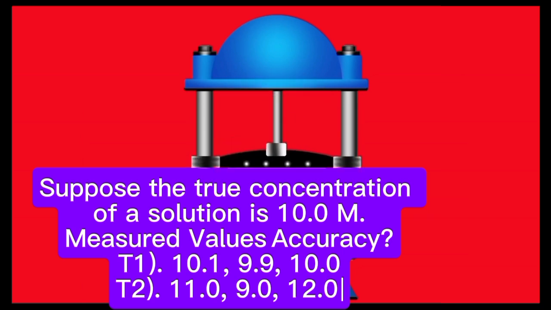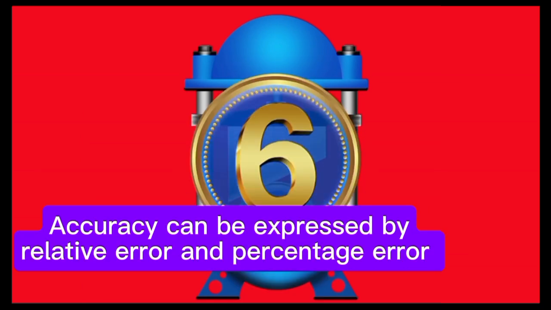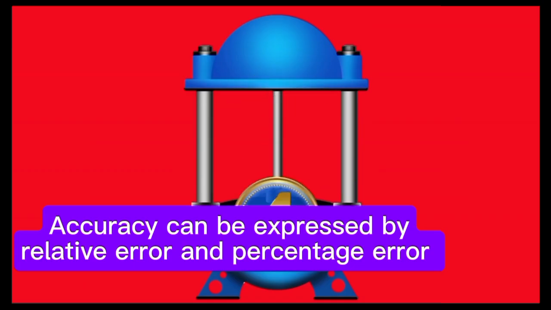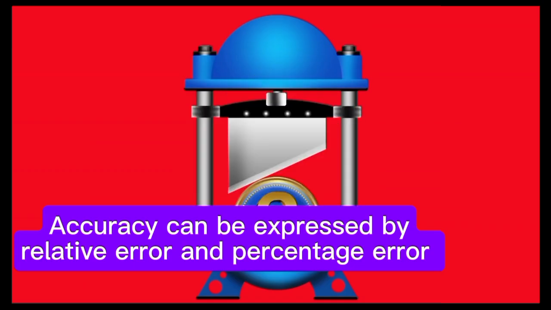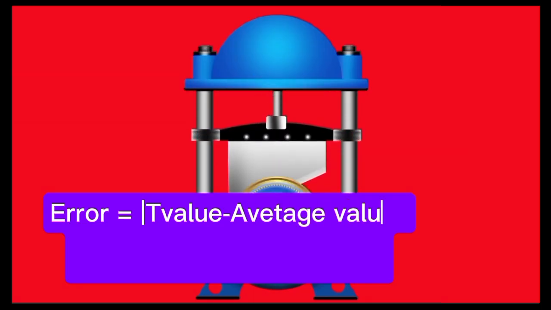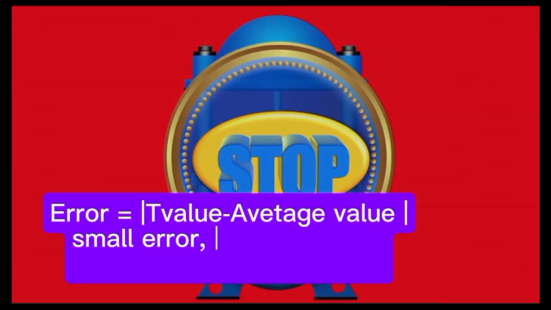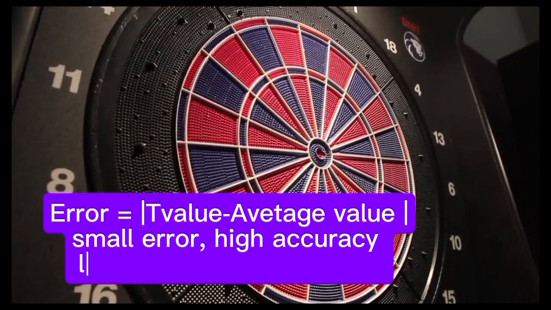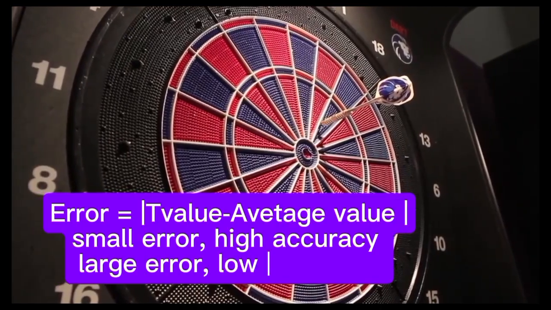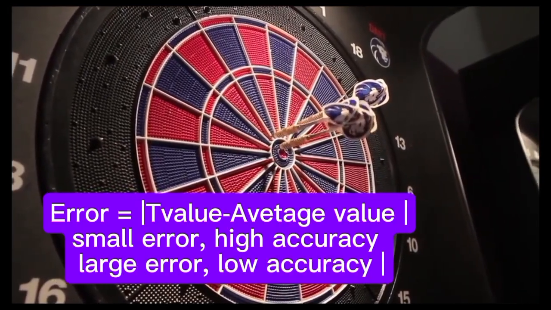Accuracy can be expressed by relative error and percentage error. Error is equal to the absolute value of the true value minus the average value of the measurements. If the error is small, we have a more accurate measurement, and if the error is large, we have a less accurate measurement.